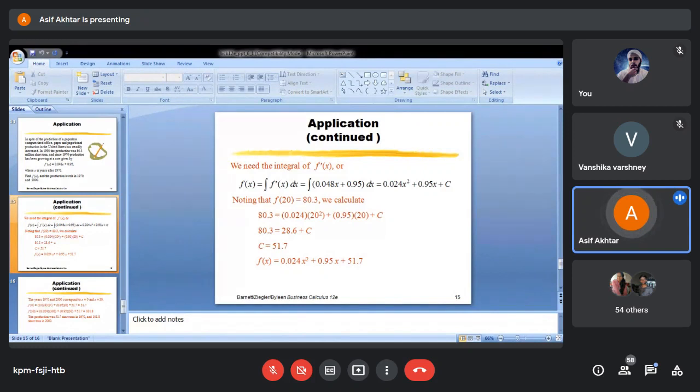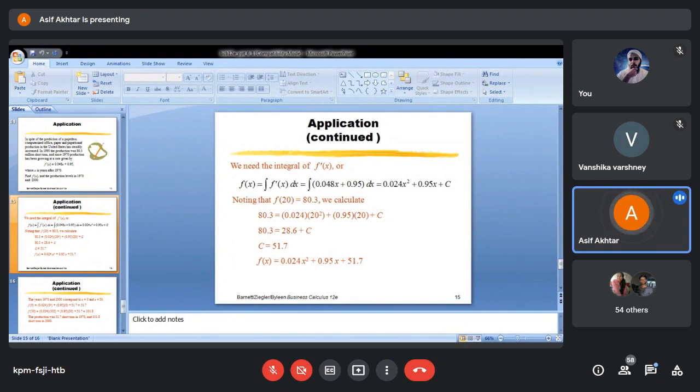It is already given in the question that the level of production in 1990. So 1970 to 90, how many years? 20 years. The level of production is 80.3. So अब आप सिर्फ क्या करेंगे? In the above function fx, that is 0.024 x square plus 0.95 x plus c, equate it equal to 80.3 and replace x with 20.